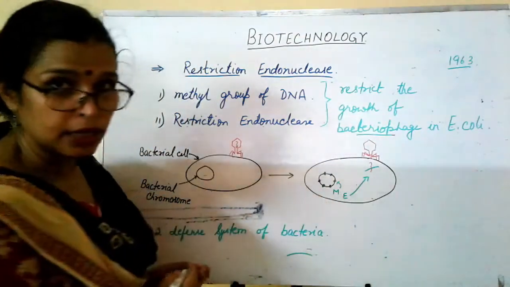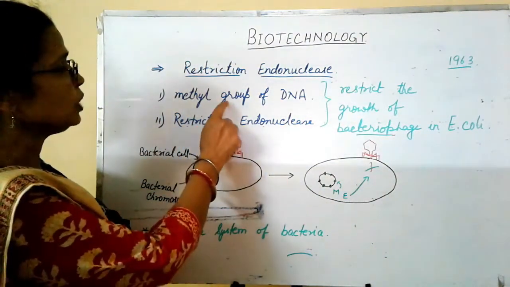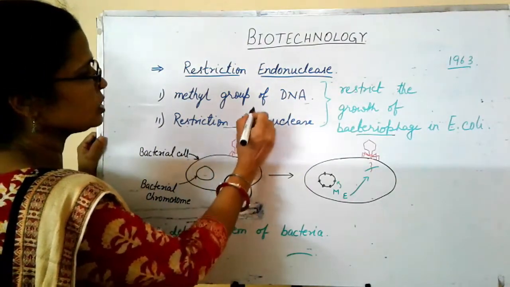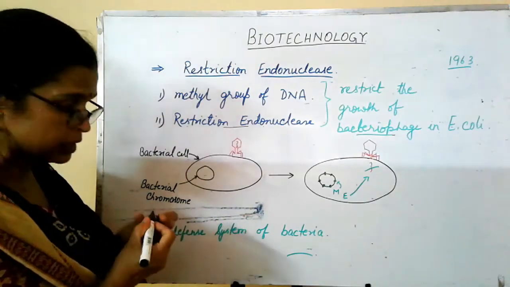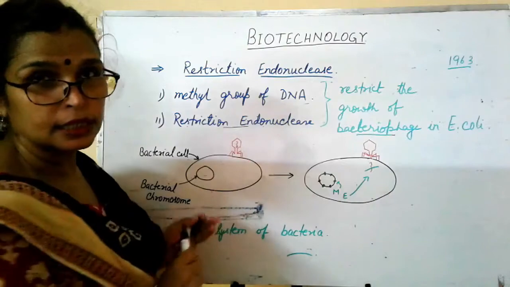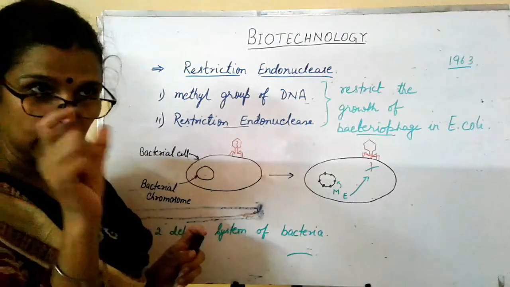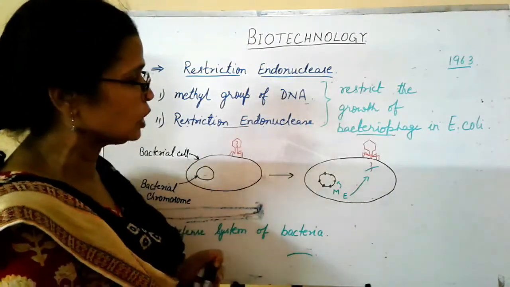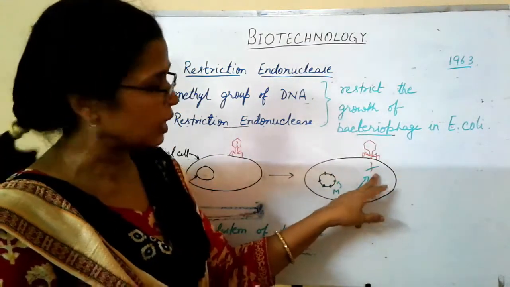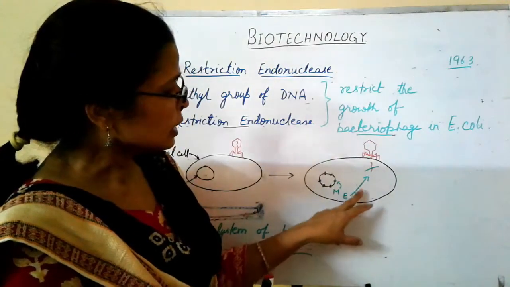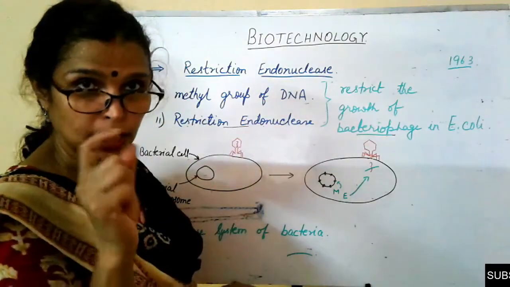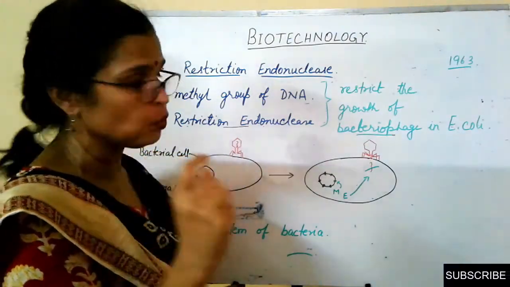The E. coli bacteria has two enzymes: one is the methyl group of DNA and the second is the restriction endonuclease. As we all know, restriction endonuclease can cut the DNA by identifying the specific sequence. So when the bacteriophage infects the bacteria, the endonuclease can cut this viral genome by identifying the specific sequence.